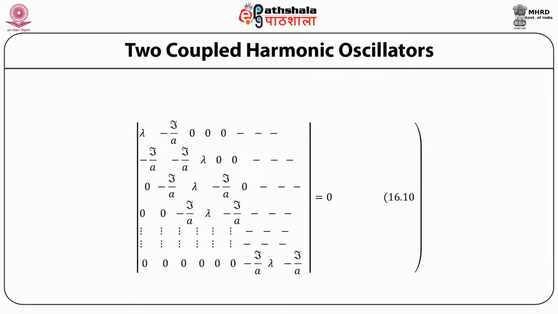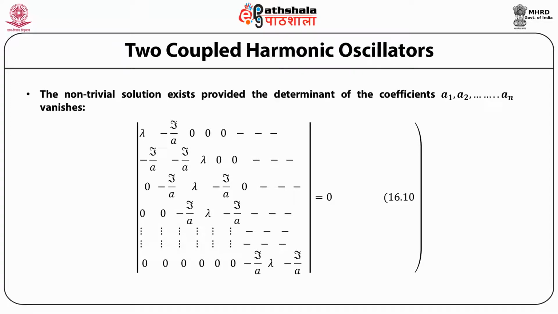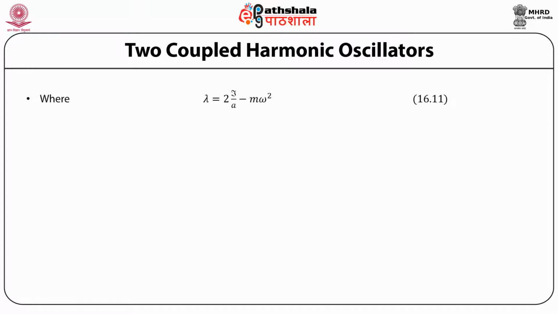Now, this is again a set of linear algebraic equations, and a non-trivial solution exists provided the determinant of the coefficients of a1 to an vanishes. So you have a determinant shown in figure 16.10. For this determinant to vanish would mean that we have a non-trivial solution, where in this expression 16.10 we have put lambda is equal to twice T by a minus m omega square.